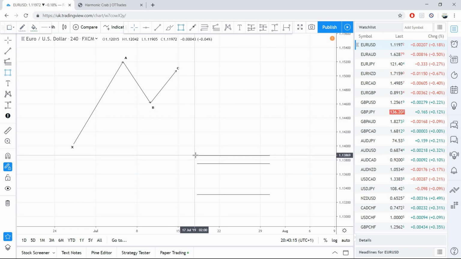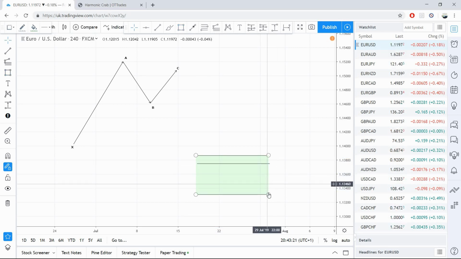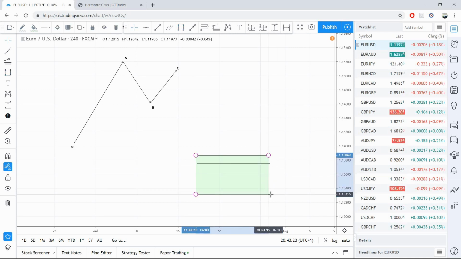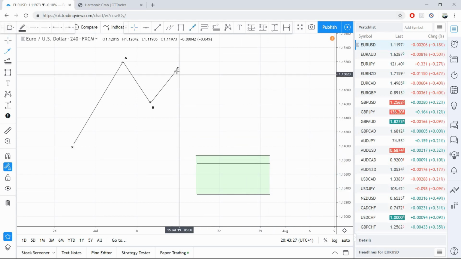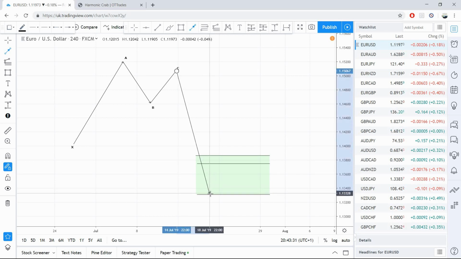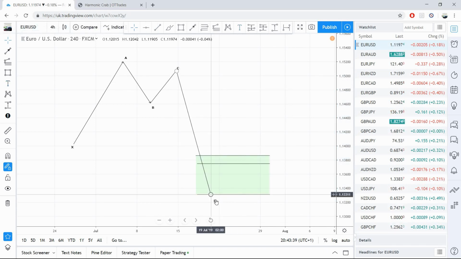So if I join all of these levels up, this is our zone that we're looking for buying opportunities. So put this down to here, this is our D point. As you can see, it's a large extension down to this D point, or the PRZ.